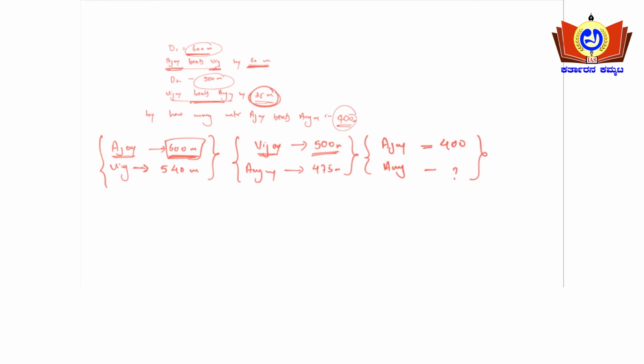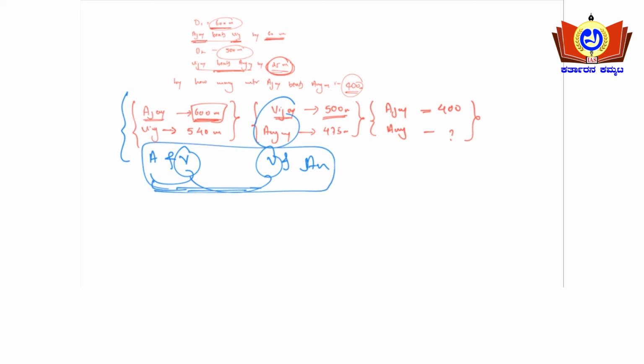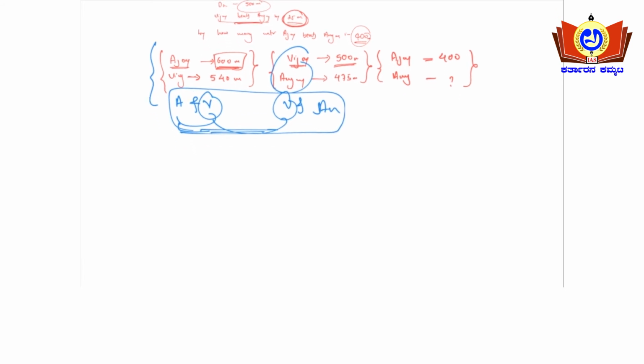Okay, see here, I'll be using a different ink. Ajay and Vijay relationship is given, and Vijay and Anjay relationship is there. Vijay appears two times here. I'll equate all the three persons here.